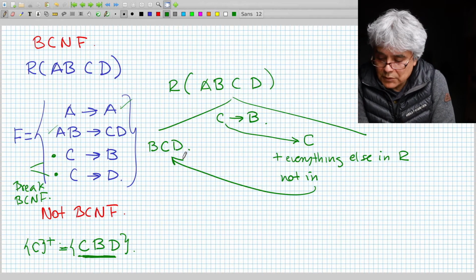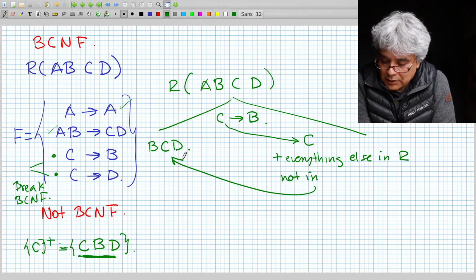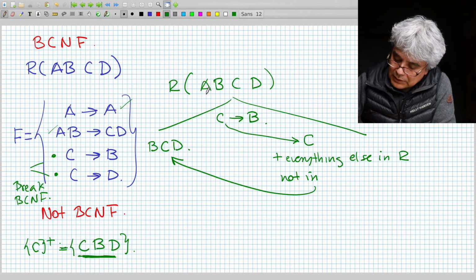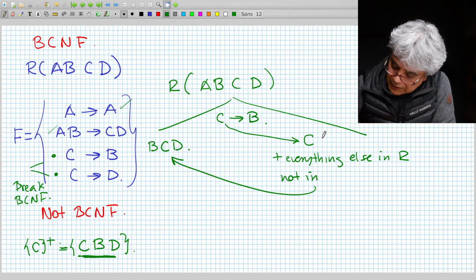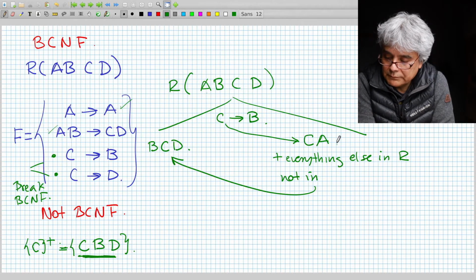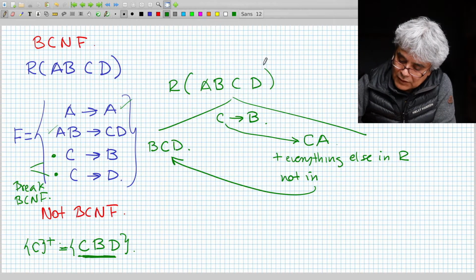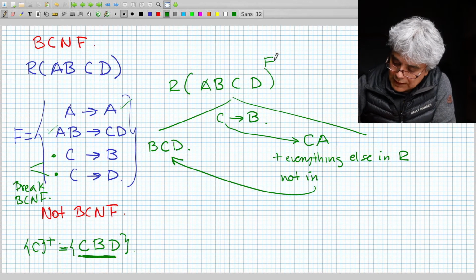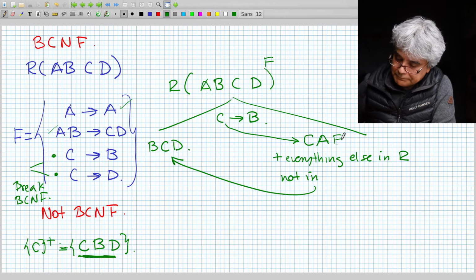So what attributes of R are not in the left-hand side? Well, let's look at it. A is not in that, so we will have to add A. And that's basically all. Let's assume that we have an attribute F also. Then we will have to add F.